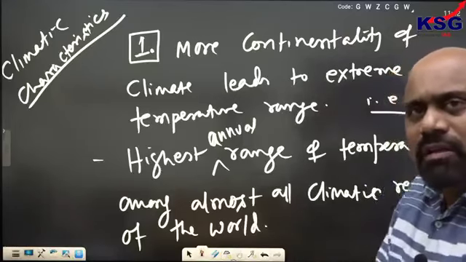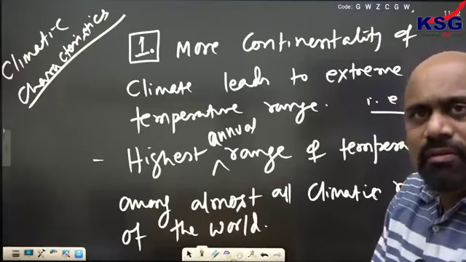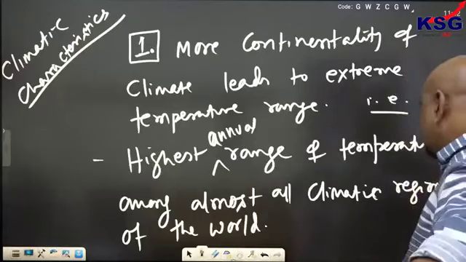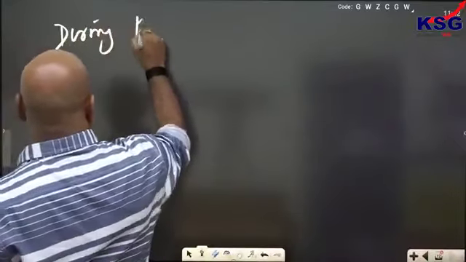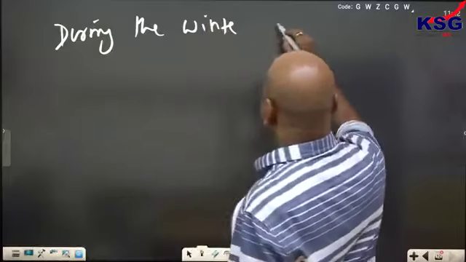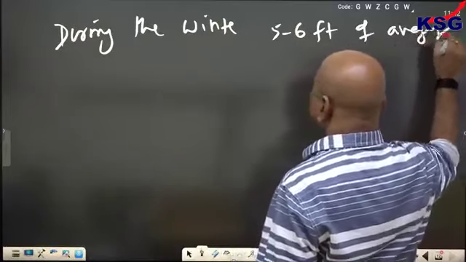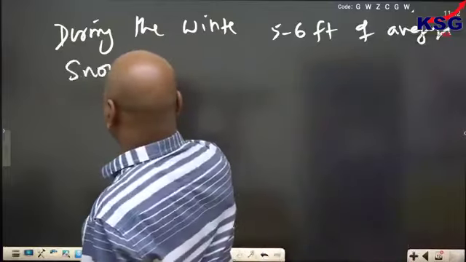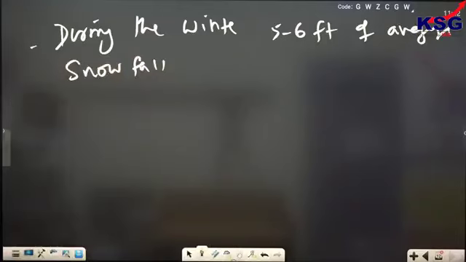Winter and summer temperature average, if you look at, is very high. Annual range is highest because of the continentality. During the winter, 5 to 6 feet of average snowfall you have.